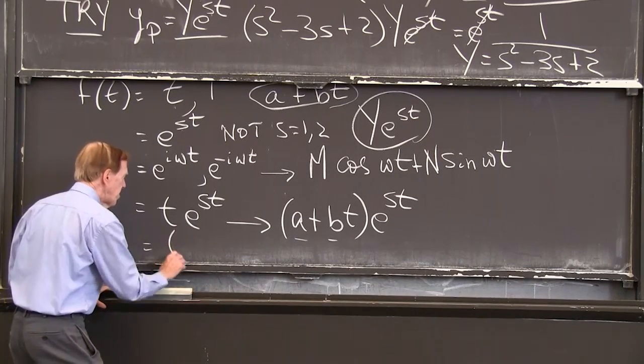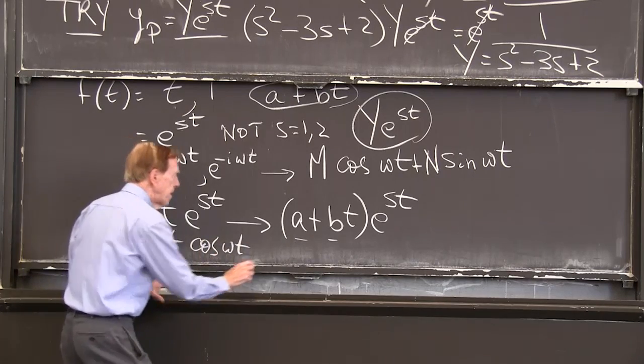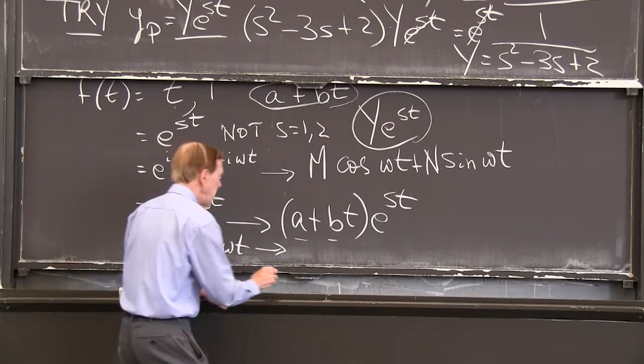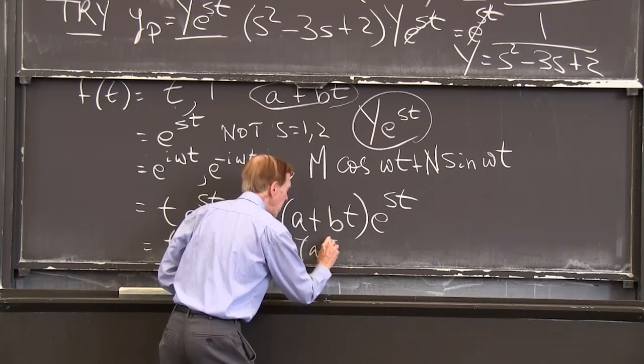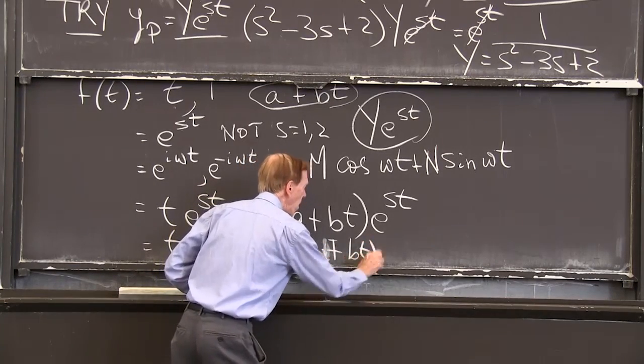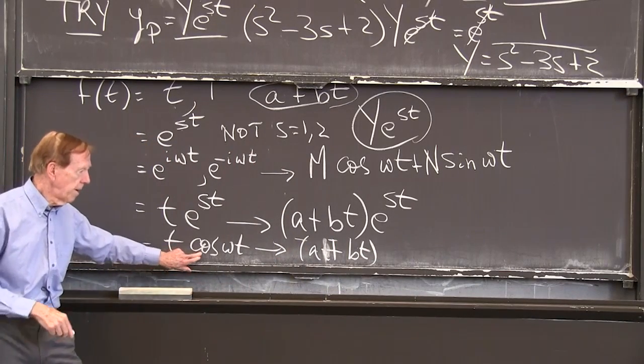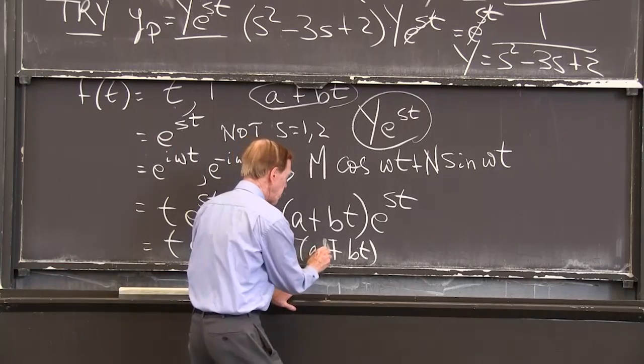If I had t cosine omega t, oh dear, it's getting a little messy. I'd need an a plus bt to deal with the t, and I'd need a cosine to deal with the cosine.